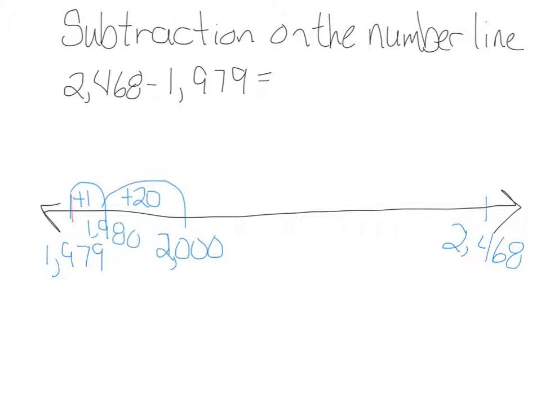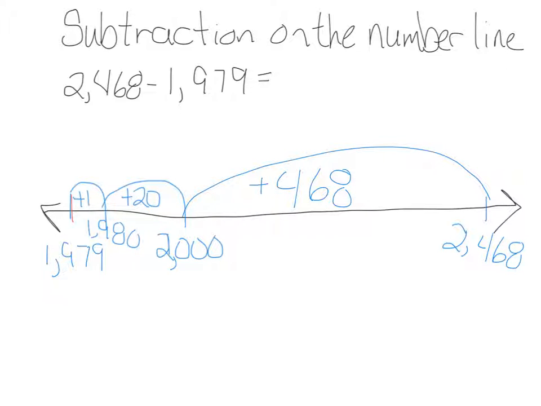All right, so now I'm at a very easy, happy number. 2,000 is a really easy number, because to get between 2,000 and 2,468, all I have to do is add 468.